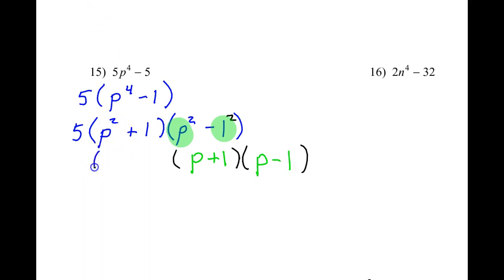And the rest of it stays exactly the same. So you have to do the factoring as many times as possible, not just one time and say, well, I took a 5 out, I factored, I'm done. Factoring is an ongoing process. You have to do it as many times as possible, no matter what. Sometimes it's one time, this time it's 2, 3 times you have to factor it. Let's go all the way.